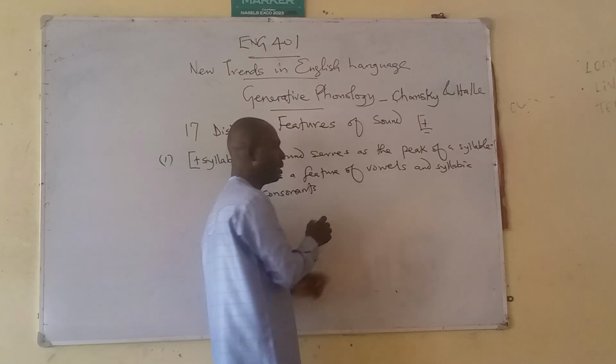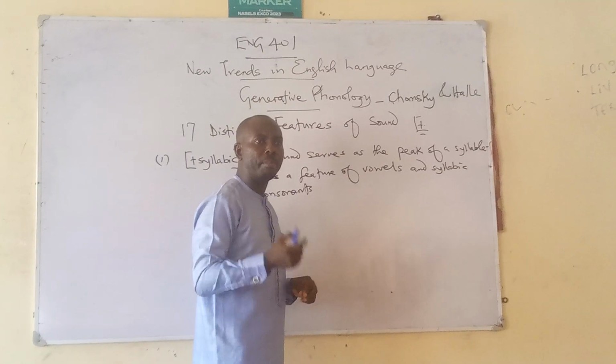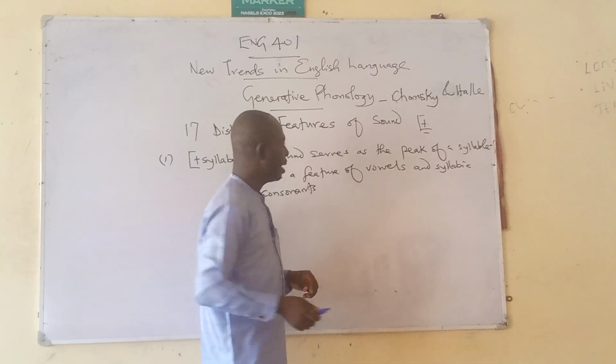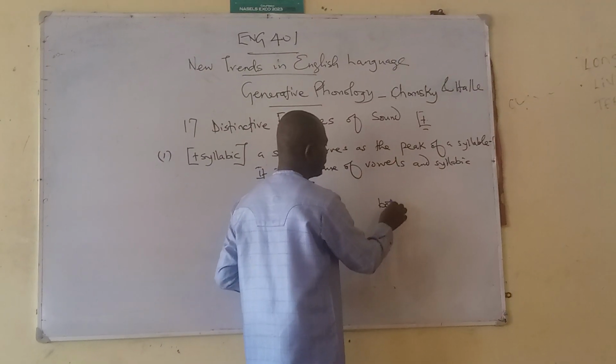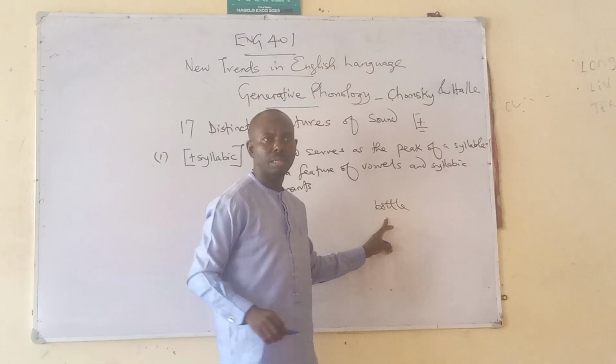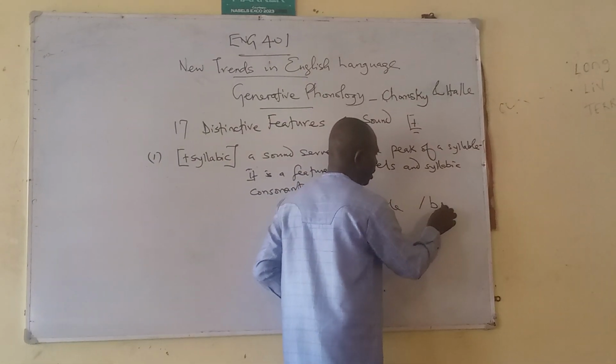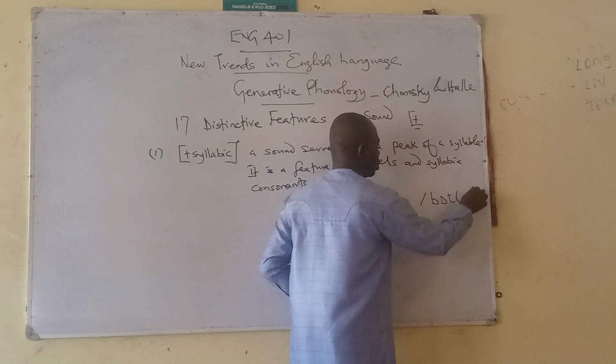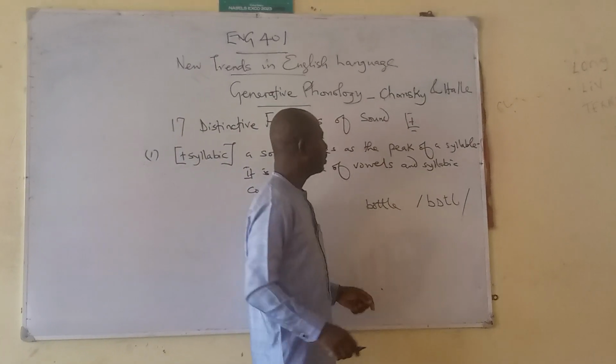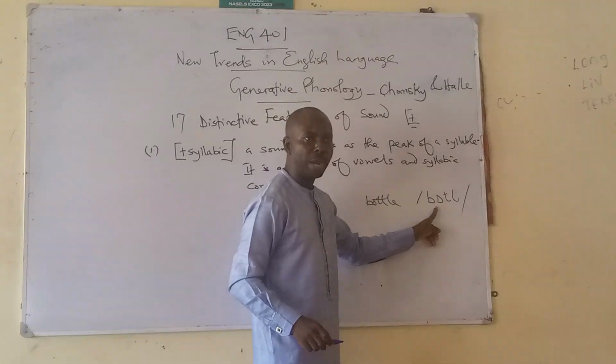You still remember examples of syllabic consonants, right? For instance, this is what? Bottle. How many syllables do you have here? Two syllables, right? Good. Now, where does the first syllable end?